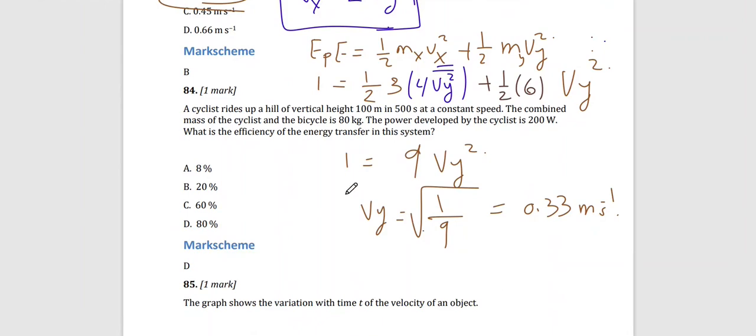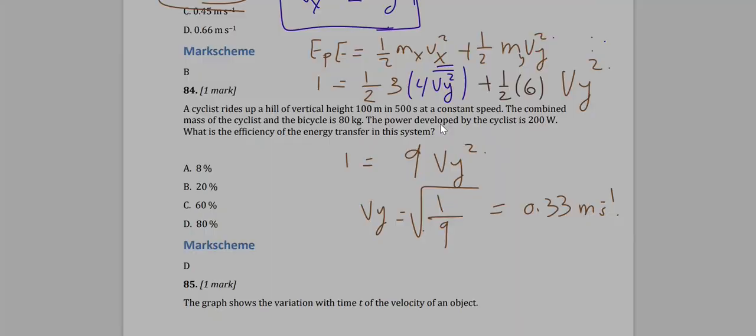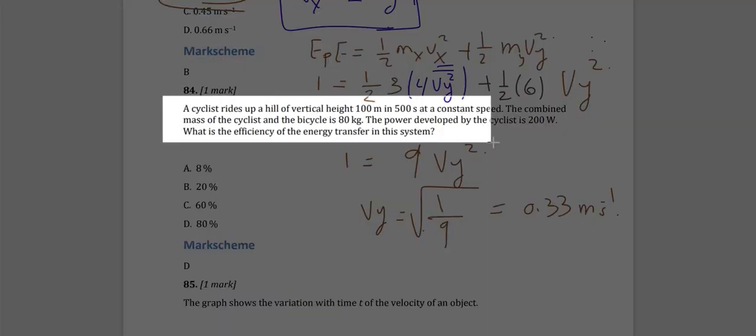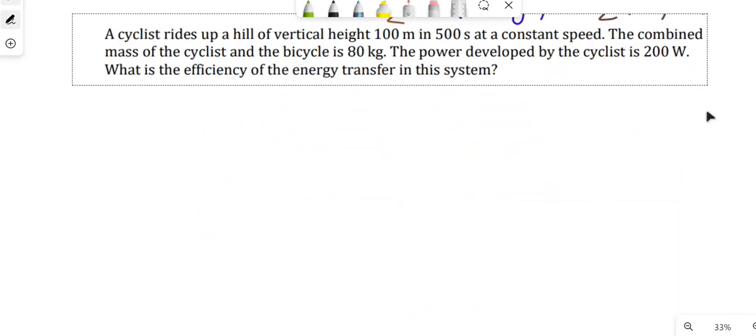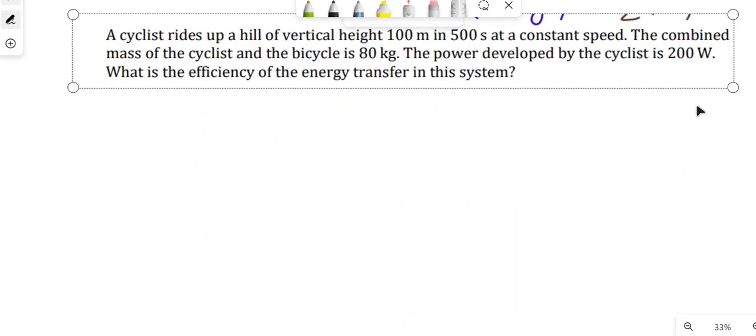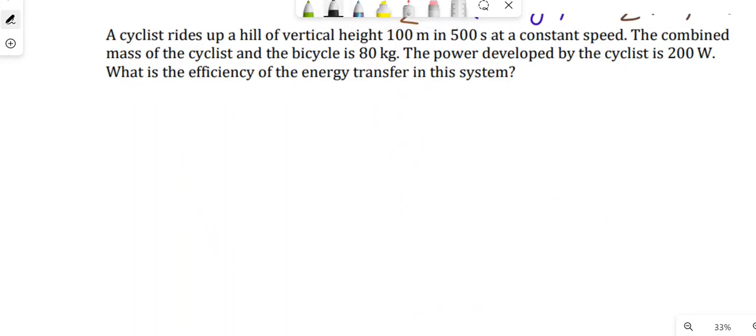Okay, now the last question. Question 84. I'm going to solve this question. You have a cyclist who rides up a hill of a vertical height 100 meter.